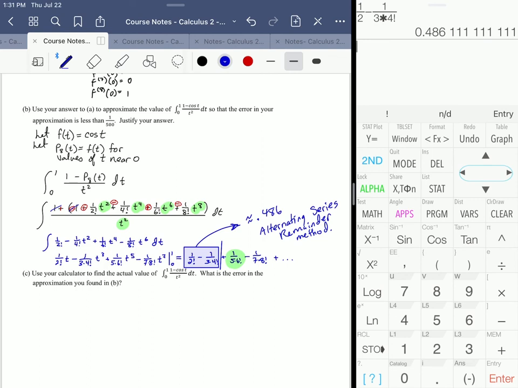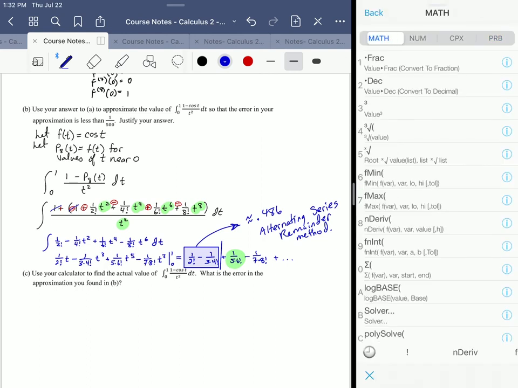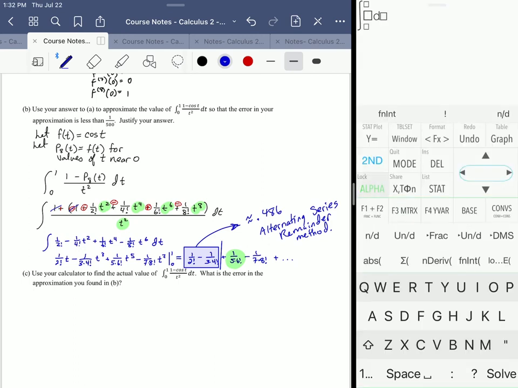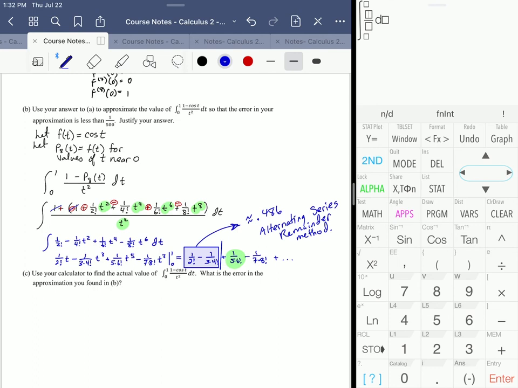All right. So use your calculator to find the actual value. We'll do math option 9. It is the integral of 1 minus cosine of x over x squared dx, going from 0 to 1, and we're looking at about 0.486.